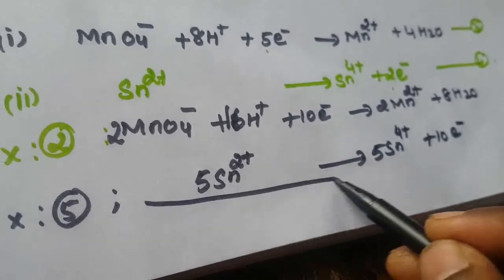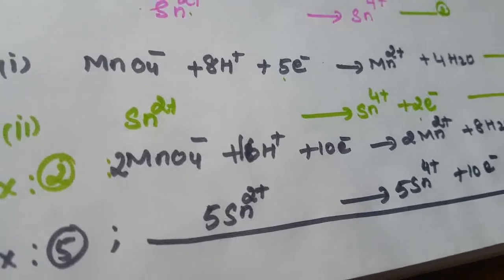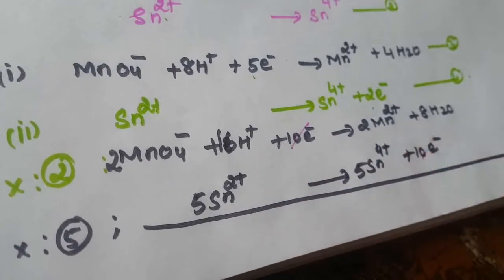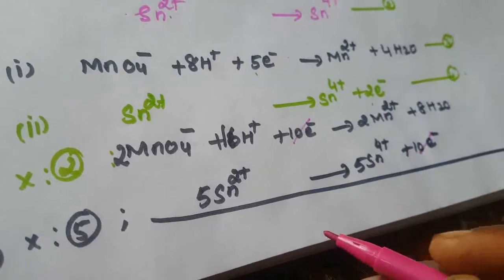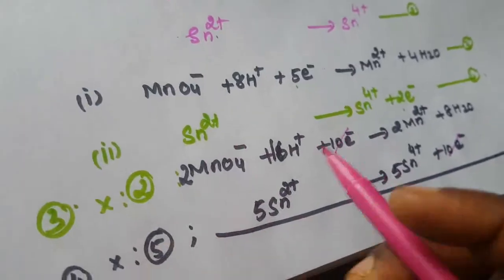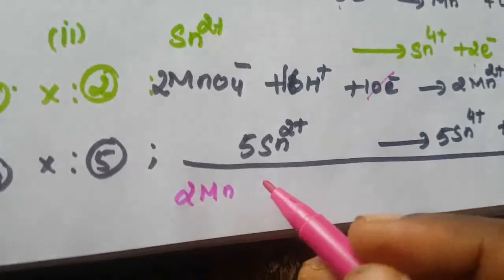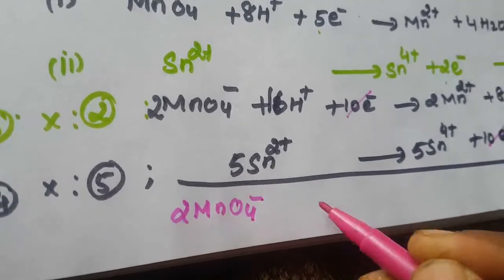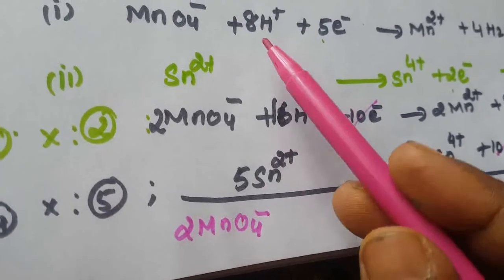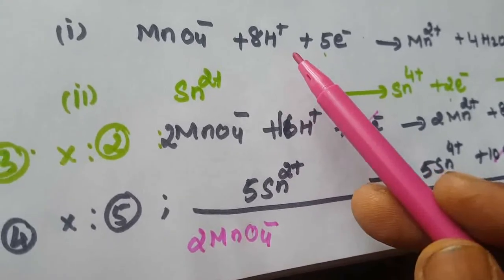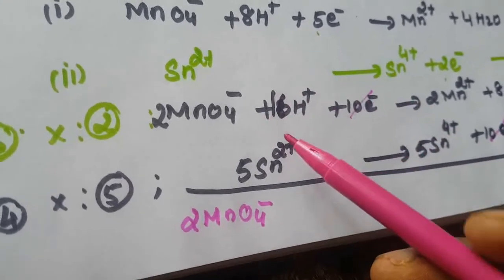Okay, now you are adding the two equation. How to adding the two equation? So first 10 electron this side, 10 electron that side, both are cancelled, right? So now we are balancing, adding that equation. 2 MnO4 minus plus 16H plus is there, no?